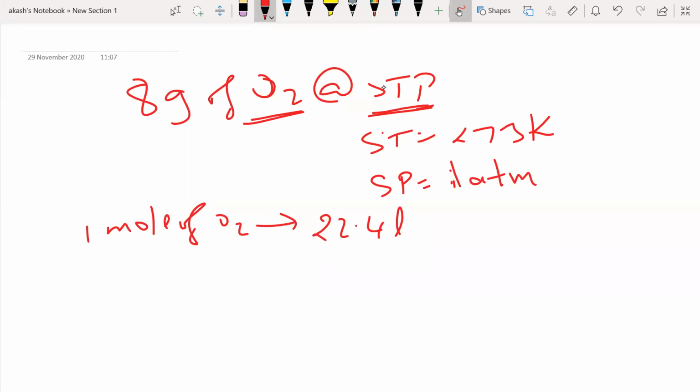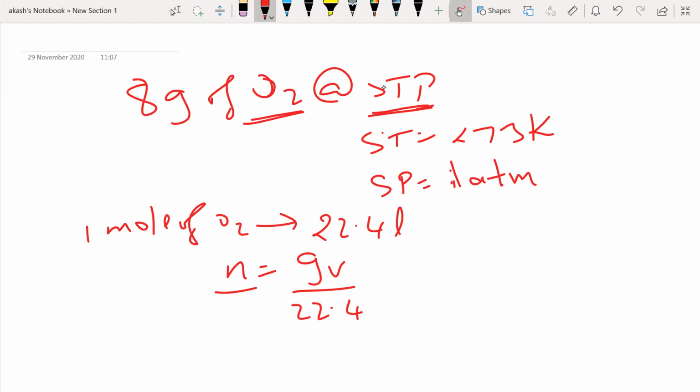Number of moles n is equal to given volume divided by 22.4. So for example, if a gas occupies 44.8 liters, that means 2 moles. Or if a gas occupies only 11.2 liters, then only 0.5 moles of the gas is there, right? Okay, fine.